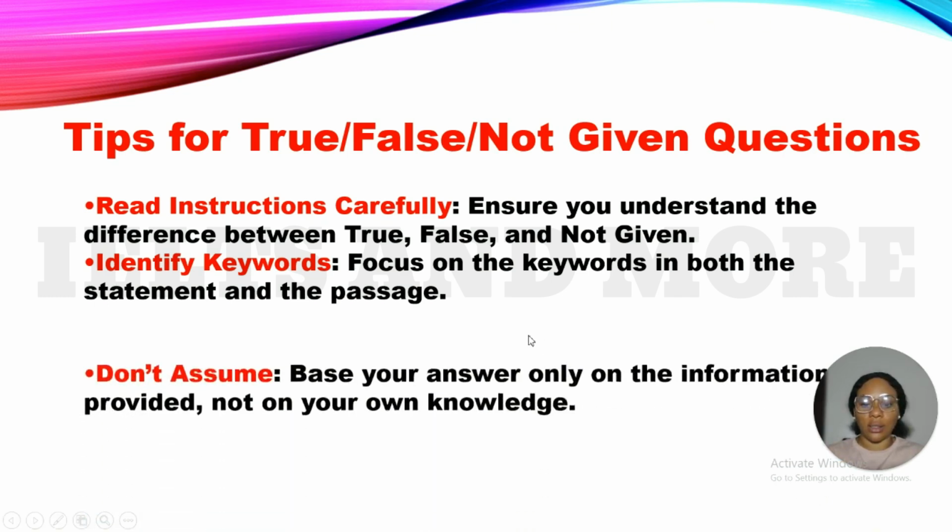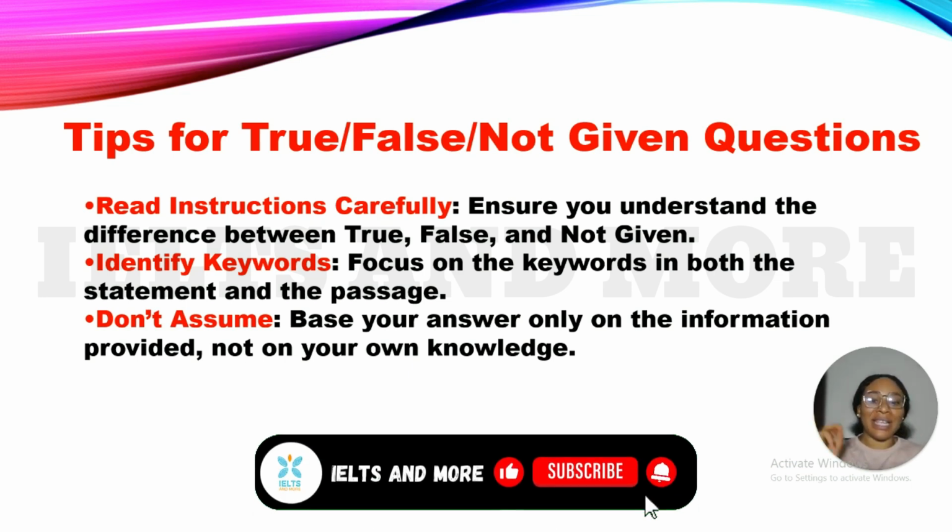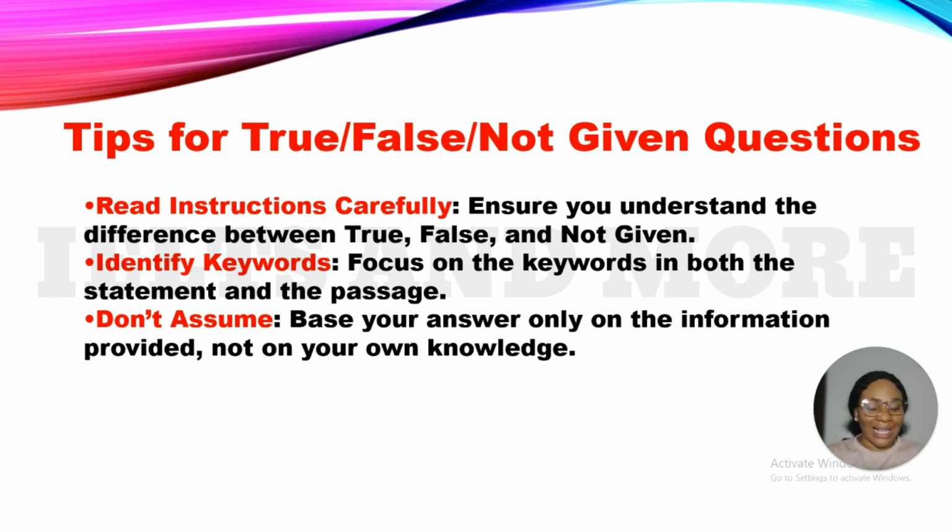Next is don't assume. Base your answers only on the information provided, not your own knowledge. This is very important, okay? Even if the statement in the question says the sky is red, you are not supposed to just run and say false. Don't just run and say false because you're like, the sky is blue.